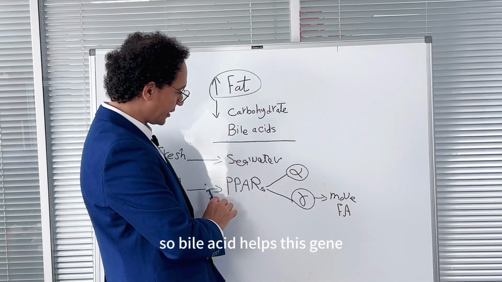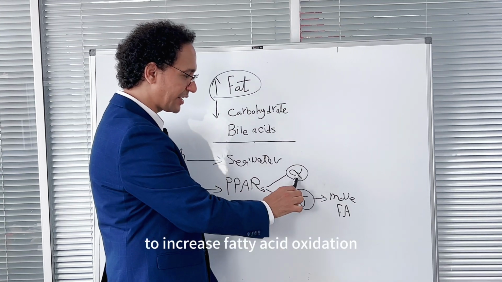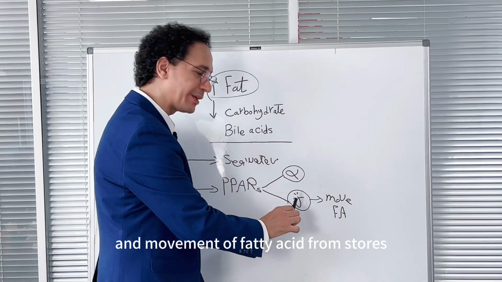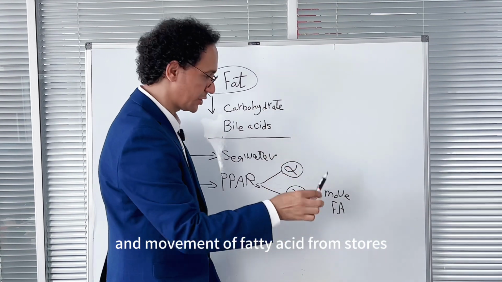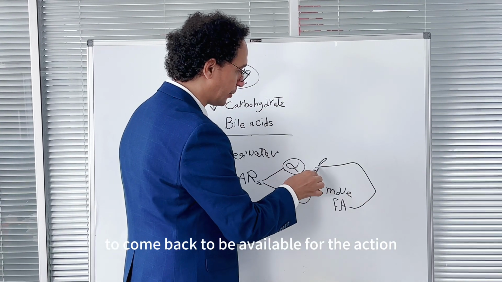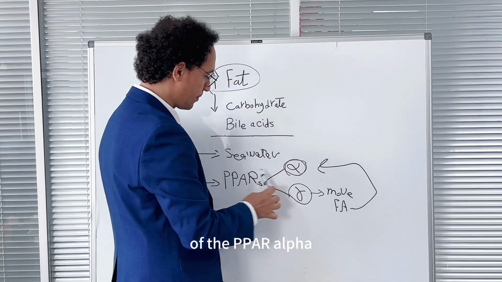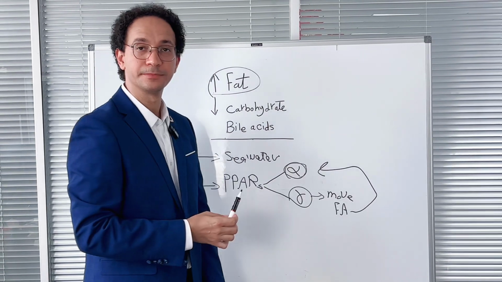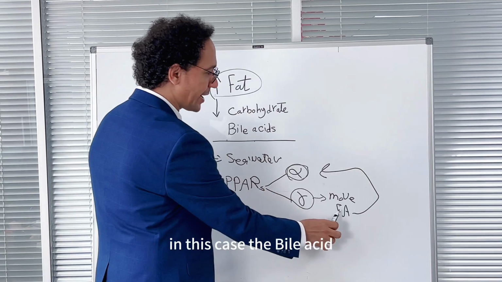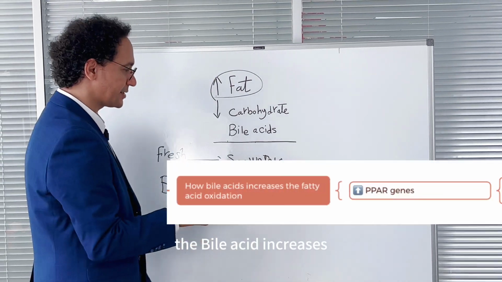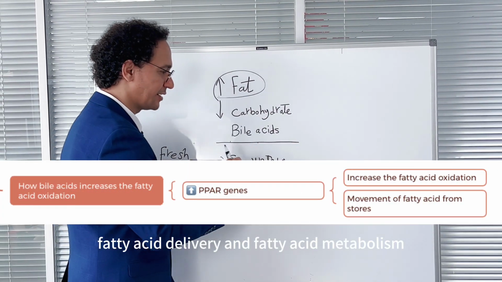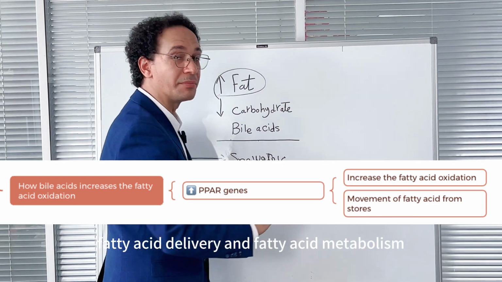So bile acid helps this gene to increase fatty acid oxidation and the movement of fatty acid from stores to come back to be available for the action of the PPAR alpha. In this case, what has the bile acid done? The bile acid increases the fatty acid delivery and fatty acid metabolism.